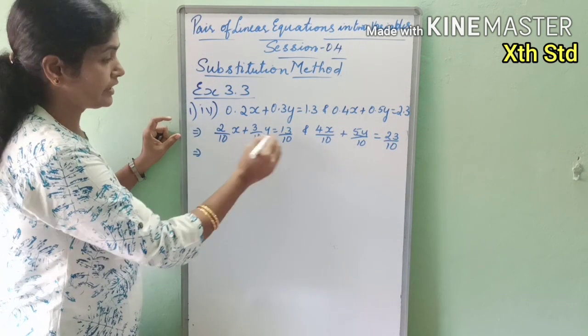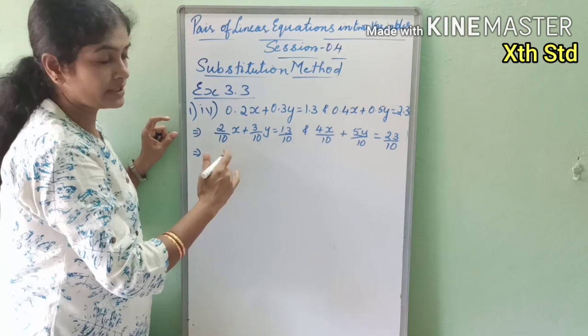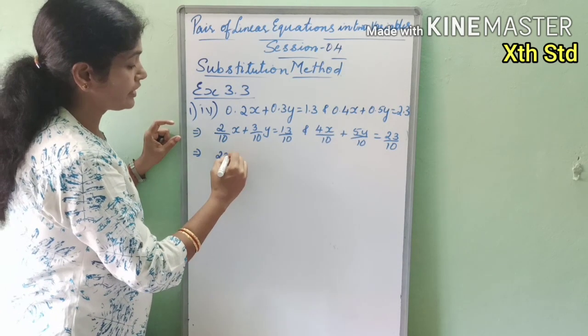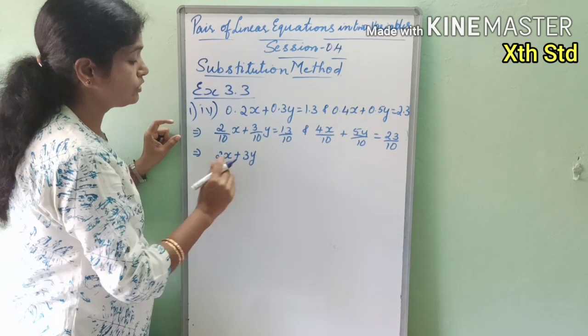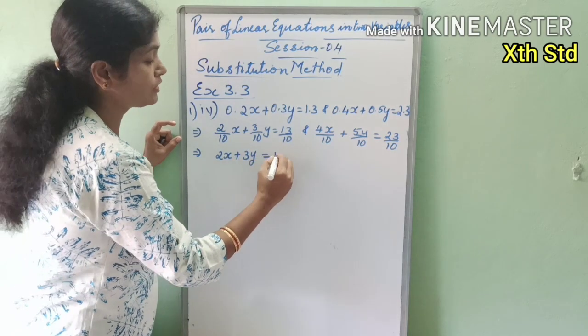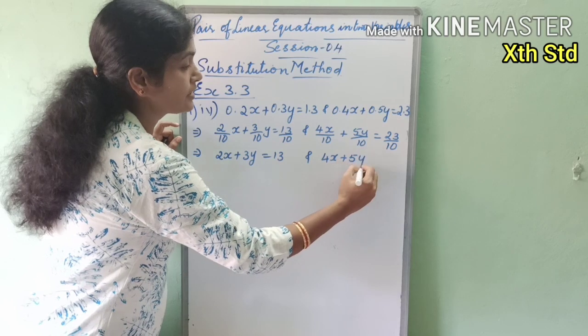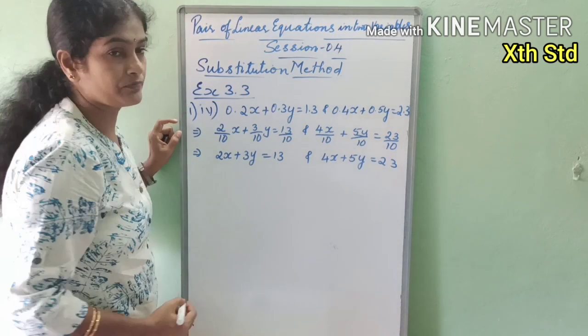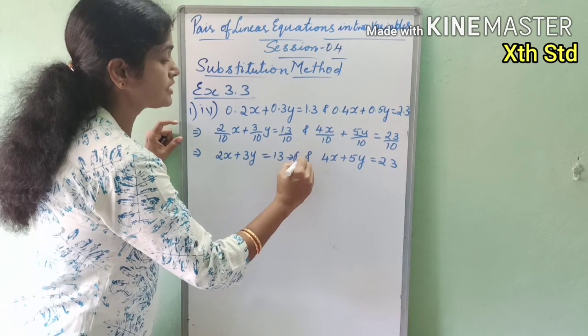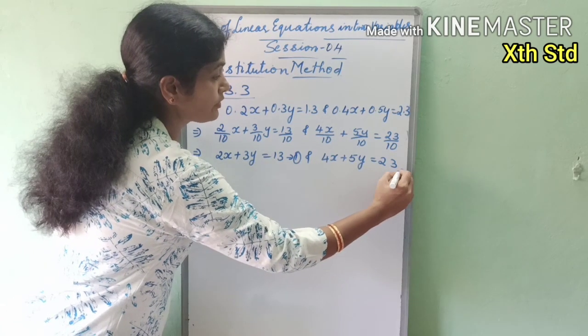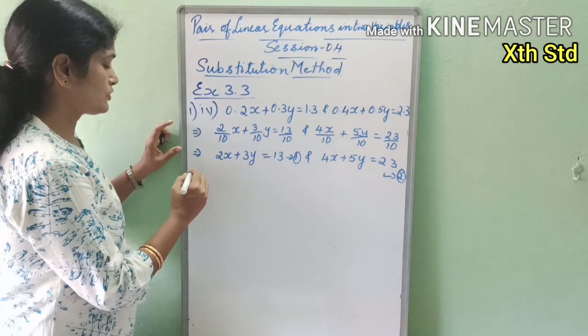Now, if you take the LCM, all this 10 gets cancelled. 10 is common. So the equations reduce to 2x plus 3y equal to 13 and 4x plus 5y is equal to 23. Okay. So now we will consider this as equation 1, the other one as equation 2. Now, substituting the same way.